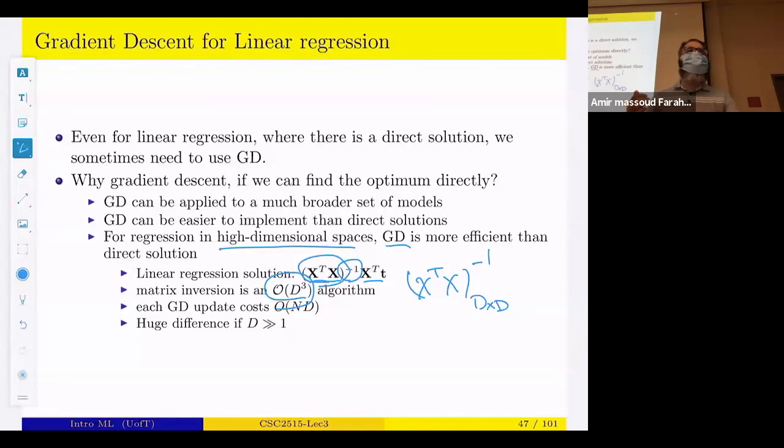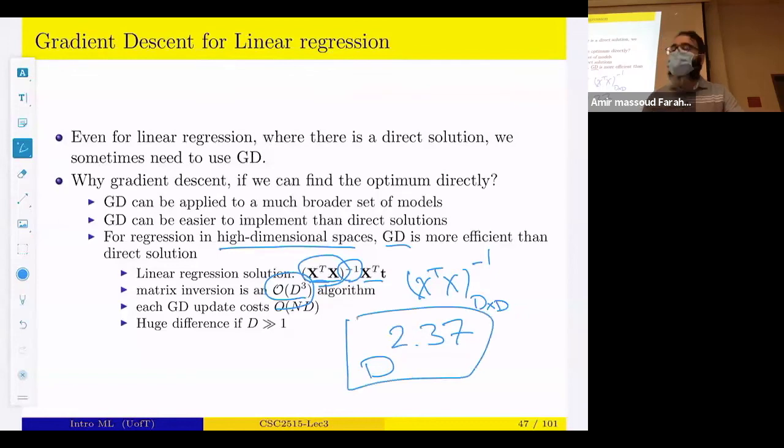I think the best in theory is, if I remember, 2.37 or something, so it would be order of D to the power of this value. But these algorithms are not practical. If you implement them, they wouldn't be faster for any matrix you face in usual situations. This is open, what is the smallest exponent we might have, but for practical purposes, it's D cubed.